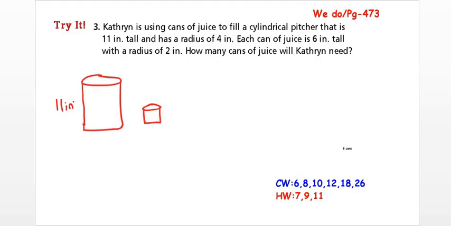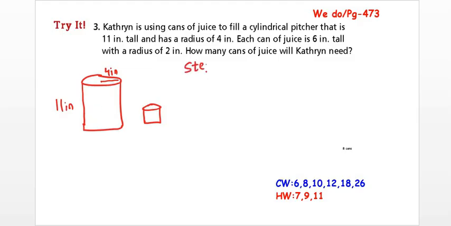So 11 inches is the height of the cylinder and the radius of the cylinder is 4 inches. So you have to find the volume for this large cylinder and the volume for the smaller cylinder, and then you have to check how many of these small cylinders or cans she needs to fill this large pitcher. Clear? Let's do it step by step.